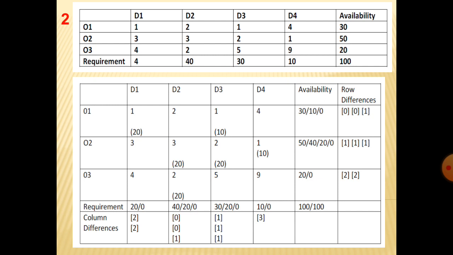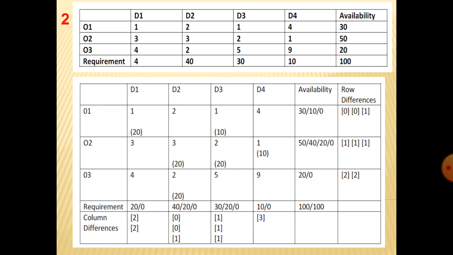Okay, for minimum cost matrix. After allocating 10, it becomes 0. Here 50 minus 10, you will get 40. You keep the remaining 40 aside by putting one cross line. Okay, next.